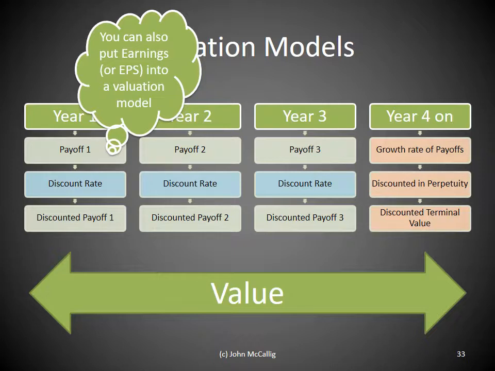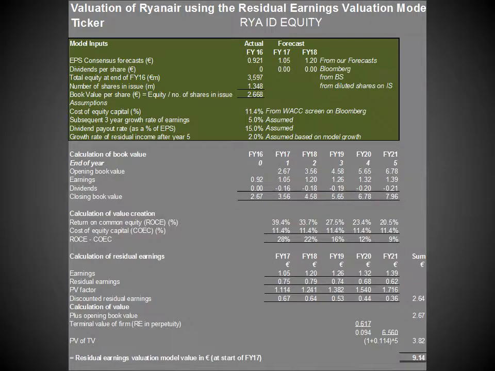And there's one more thing I want to briefly talk about, which is using earnings as a payoff in one of these models. So earnings can be used as a payoff. There's a lot of theory behind that, which I'm not going to go into, but I'll just very quickly show you that you can use a very similar type of spreadsheet, but instead of using cash flows, you can use earnings.